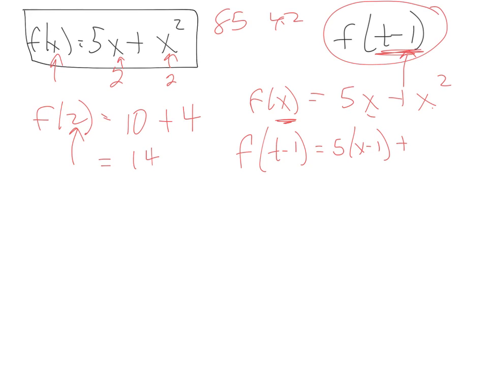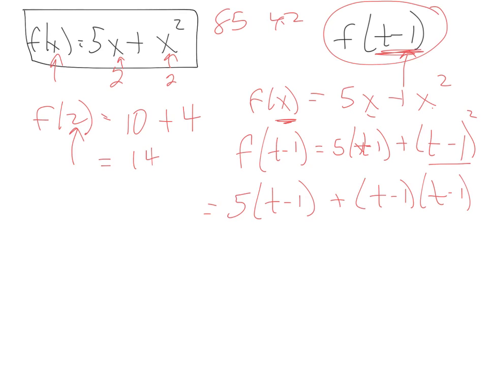And for this x here, I also have to put in a t minus 1. So really I have, let me write it out again, 5 times t minus 1 plus t minus 1 squared, which would be t minus 1 times t minus 1. Okay, so this is what f of t minus 1 is equal to.